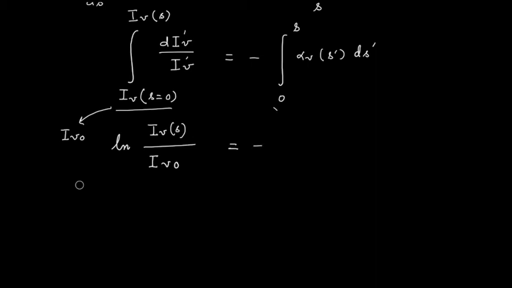On the right hand side, I get this. Now, this quantity I define as tau nu S. Or let me define it the following way.